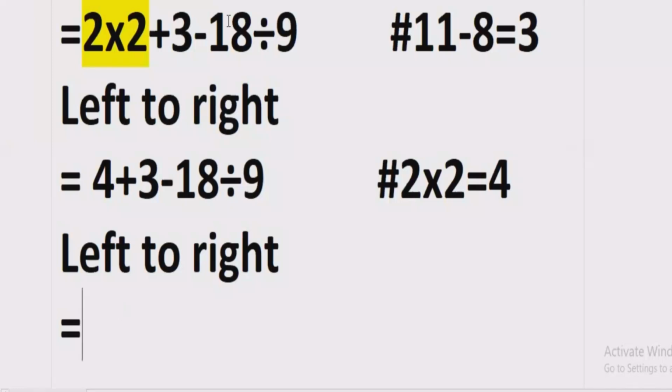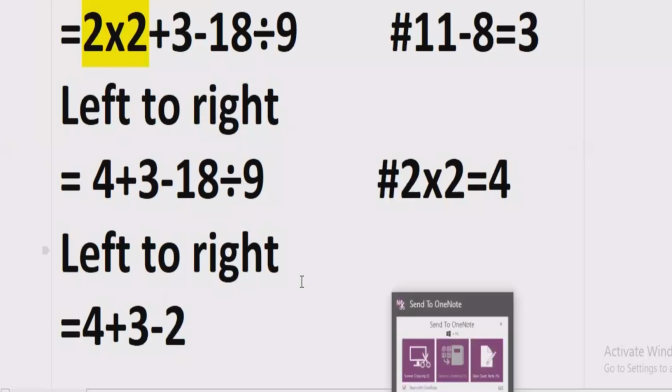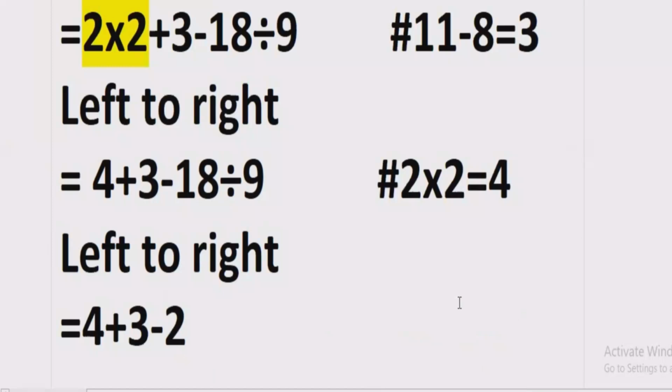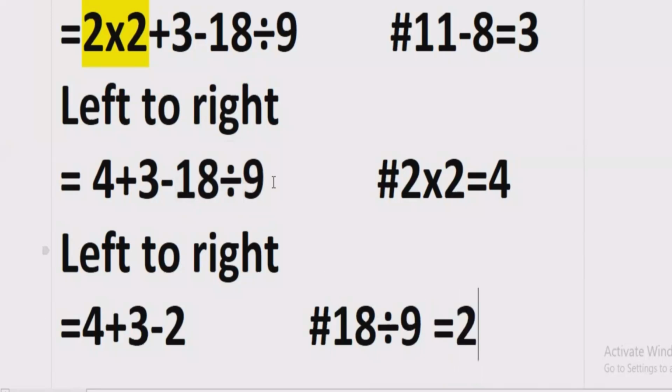We write this part as it is, because first we have to complete all the division and multiplication. So here we have 18 divided by 9, so we will solve it. 18 divided by 9 equals 2.